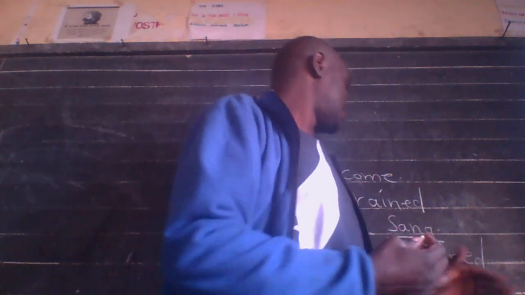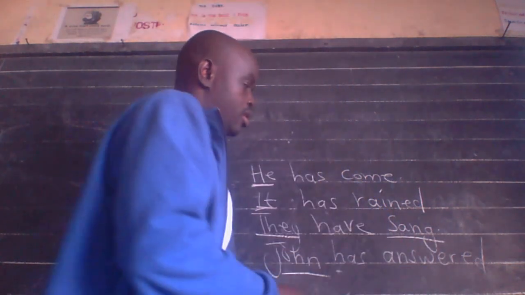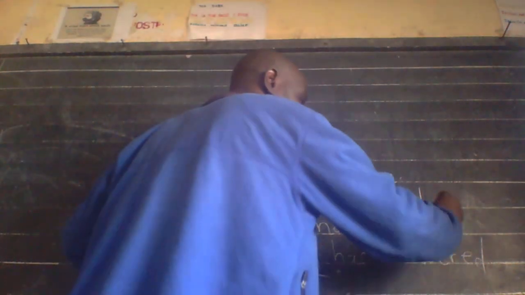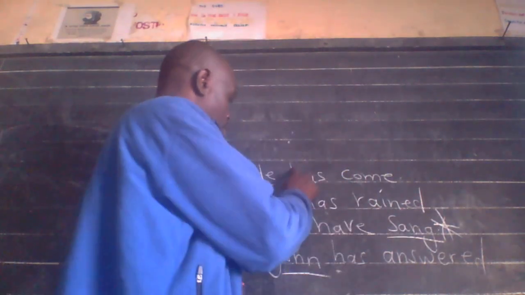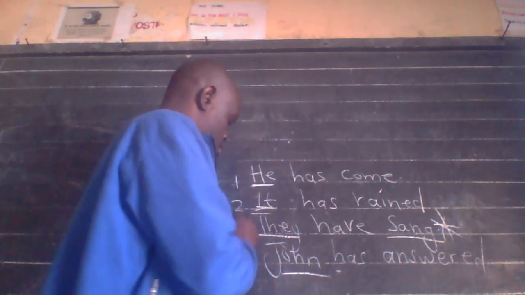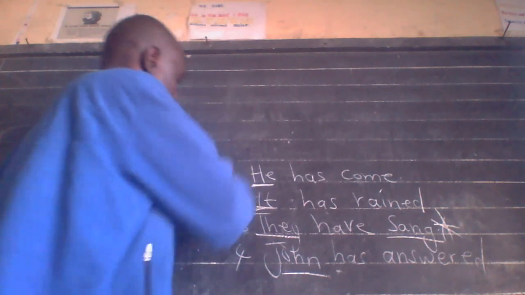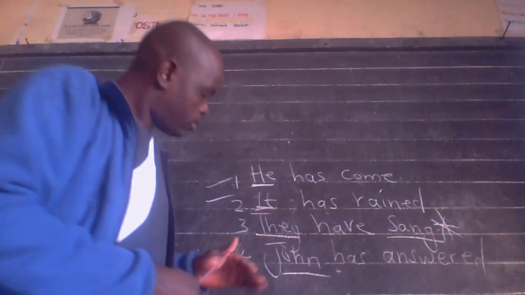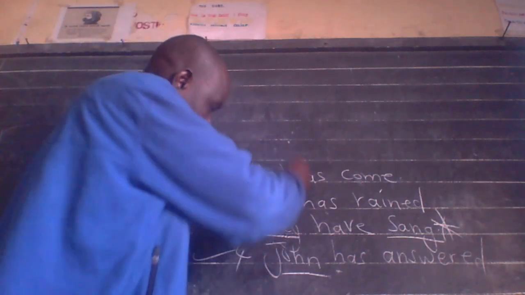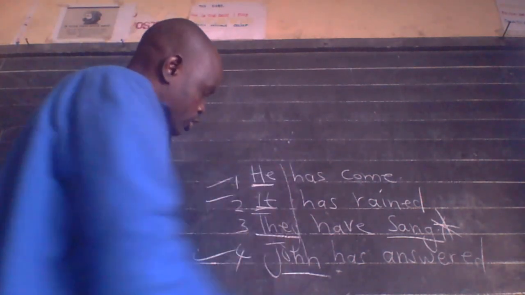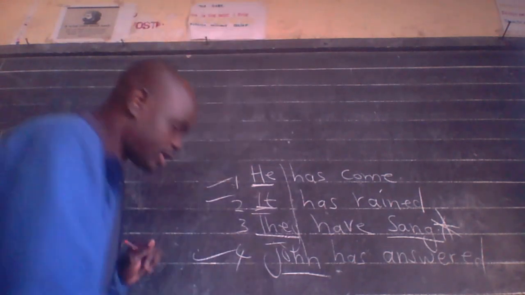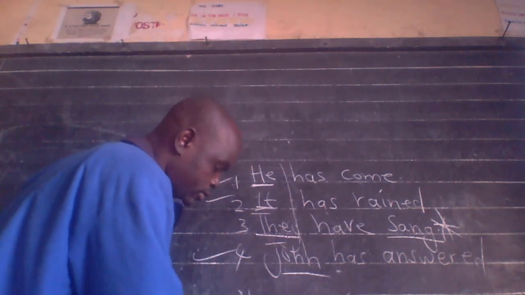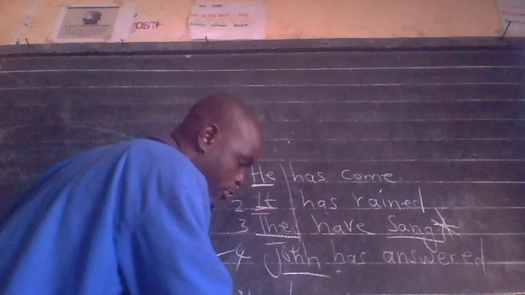Now, about these sentences, I said this one is wrong, so let's not use it. It's a small problem here. Let's use number one, number two, and number four. Correct? Now, how do we classify this particular part of speech? Good. Yes, you say it. A noun plus pronoun. Good.